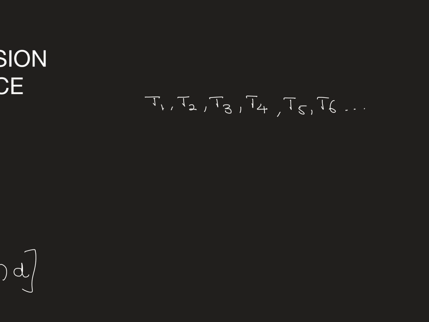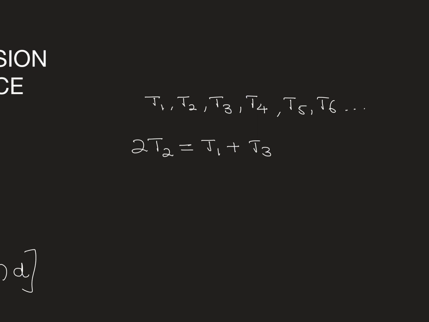So, for example, twice T2 is equal to T1 plus T3. In that same vein, T3 is in between T2 and T4, so twice T3 will be equal to the sum of T2 and T4.